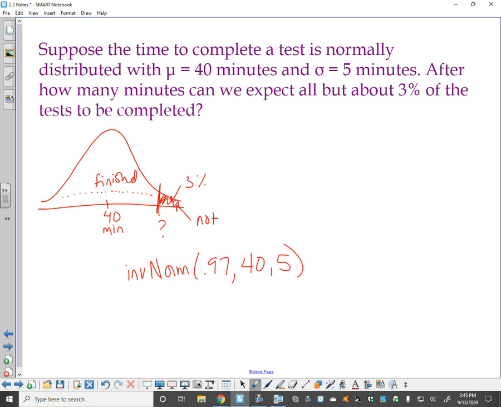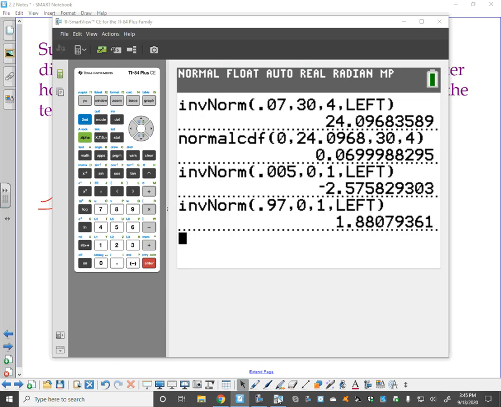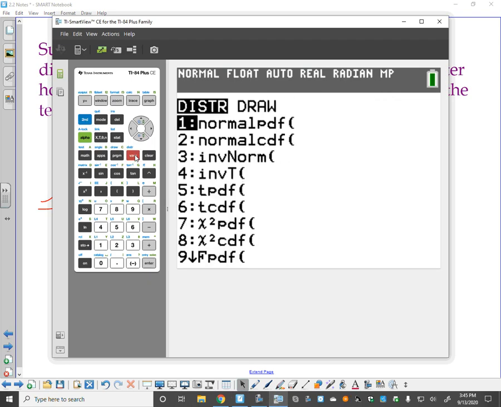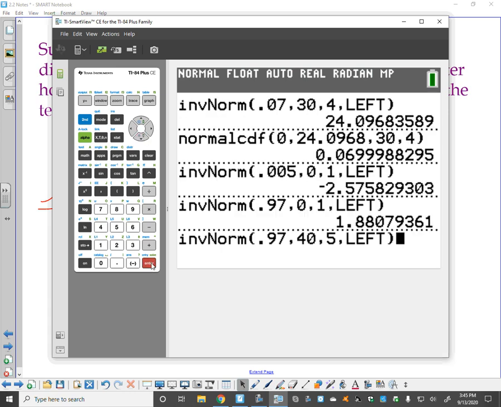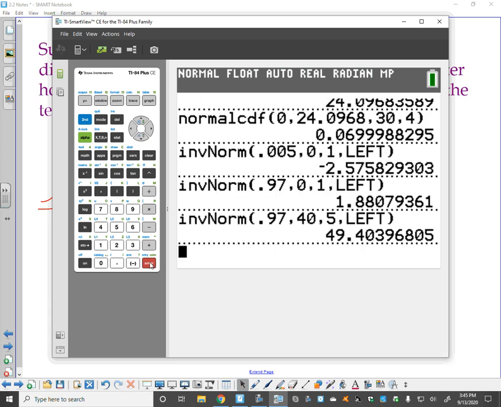This is not standard normal. I'm not using a 0 and a 1. Go to my calculator. Inverse norm, 97% stays put, 40, 5. 49.404.